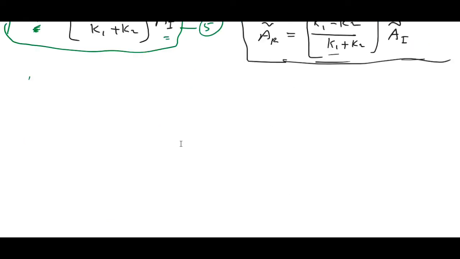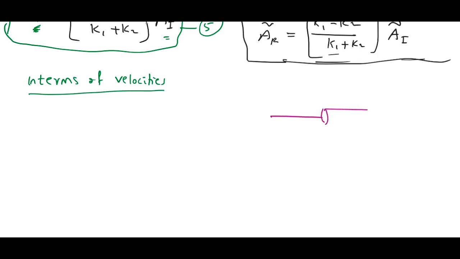To write in terms of the velocities, we will do the following procedure. Consider the two strings that we had drawn earlier, having two different linear mass densities, mu2 and mu1. The end of the string is tied or fixed to a rigid wall. Then one person standing at the left side makes a disturbance in the up and downward direction.